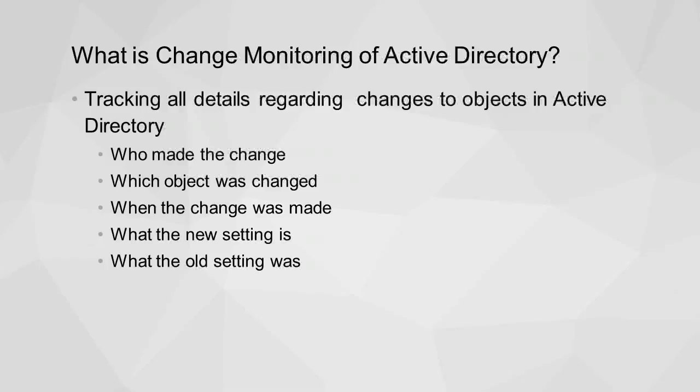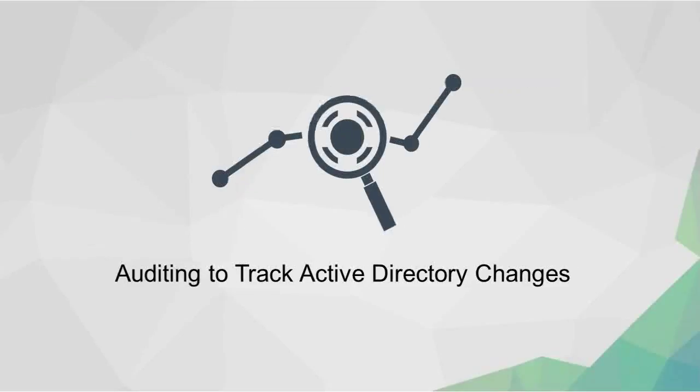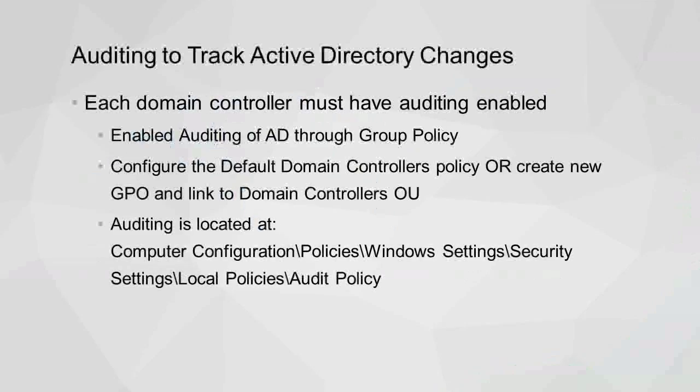So now that we know the definition, how do we set this up? Well, what we are going to do is we are going to go into auditing. Now this auditing has been around actually since Windows NT, so it's not that radical. But we need to go into auditing, which of course is in group policy, and we need to establish what we are going to audit.